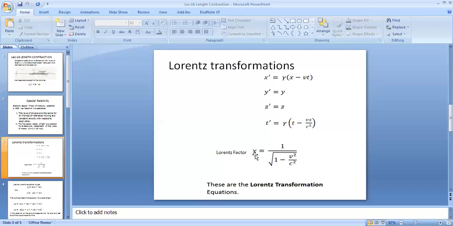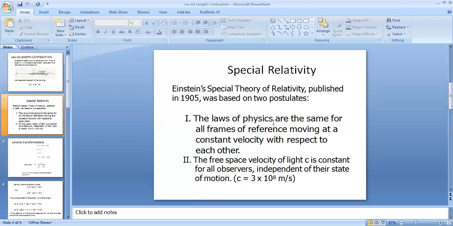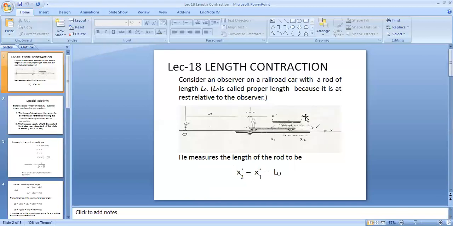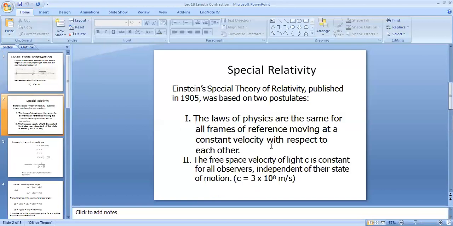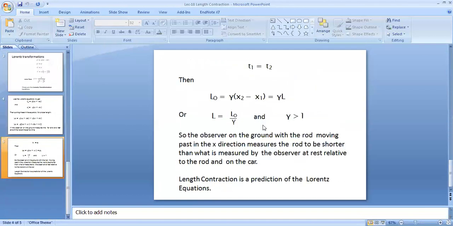The Lorentz factor gamma equals 1 over the square root of 1 minus v square over c square. Under these transformation equations, we will link x2 dash with x2 and x1 dash with x1 on the next page.